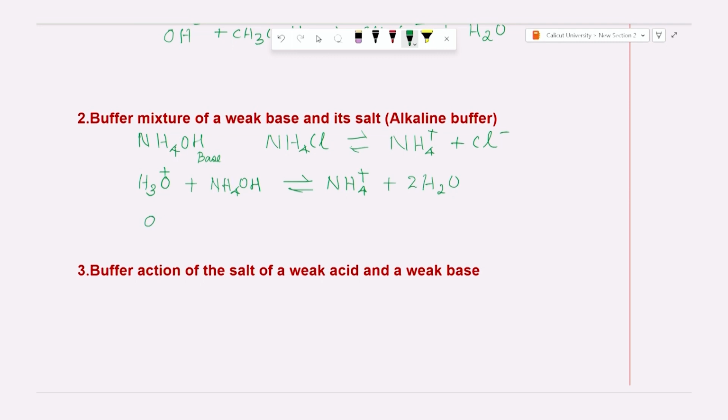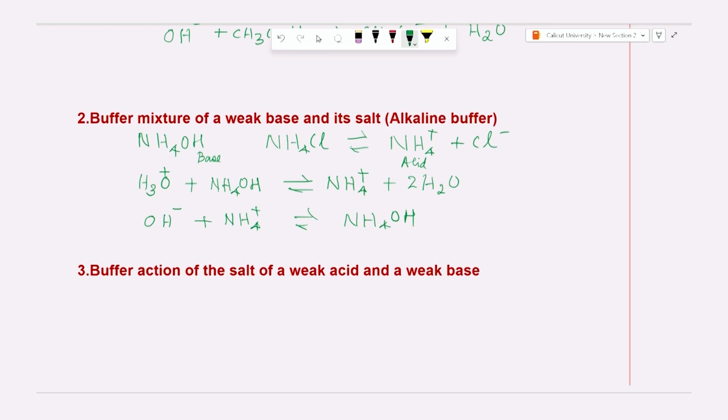Now, suppose we add an alkali or a base. Here we have an acid. What is that? NH4 plus. This is acidic in nature because it can donate a proton. So, that will combine with the OH minus and gets converted into ammonium hydroxide, which is only feebly ionized, and therefore, the excess of OH minus ions is also not felt in the solution.